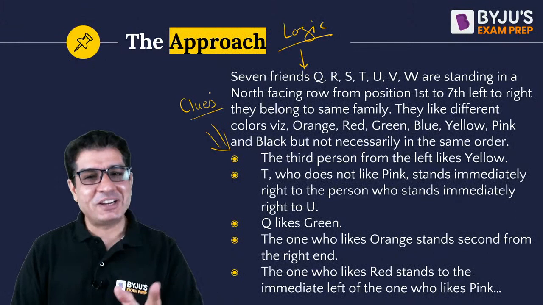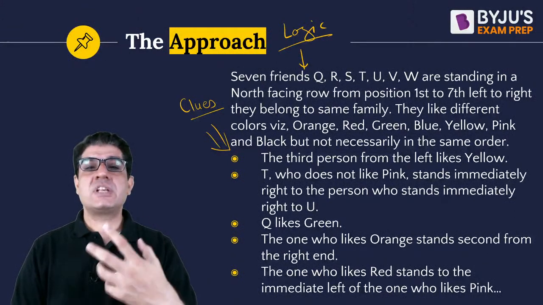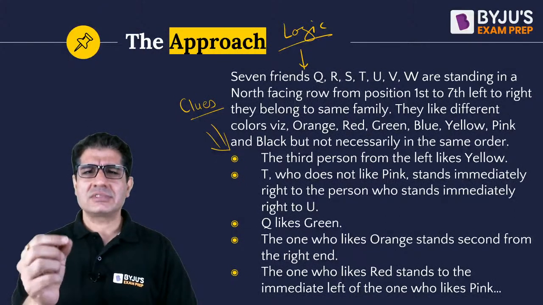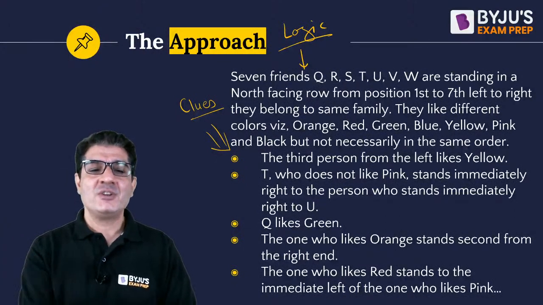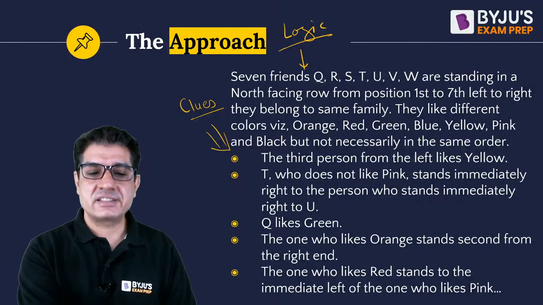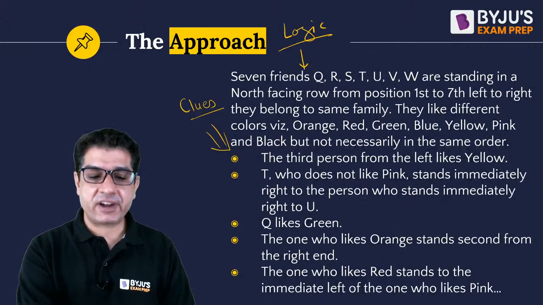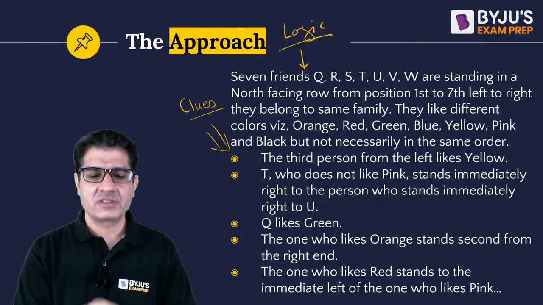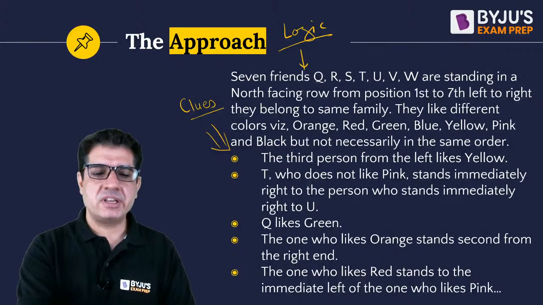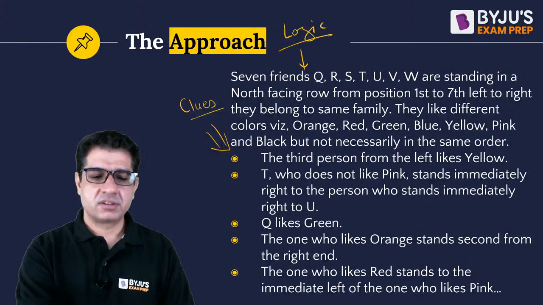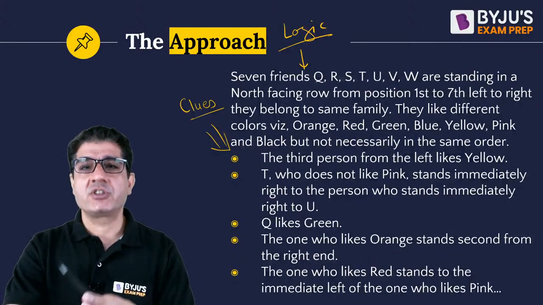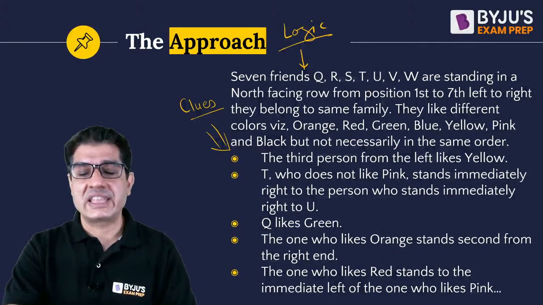The only difference is that the clues are not given to you explicitly. The clues are not mentioned separately. You need to read the various sentences and identify or take out even those clues. So that's how it would typically work. Think of these as logic-driven questions where you're supposed to take out the clues and then solve them.